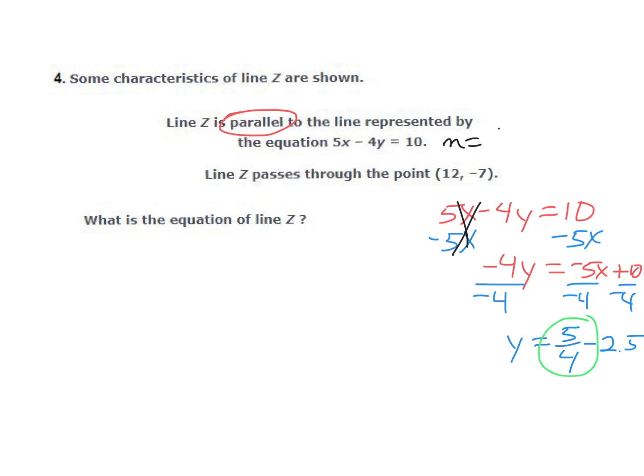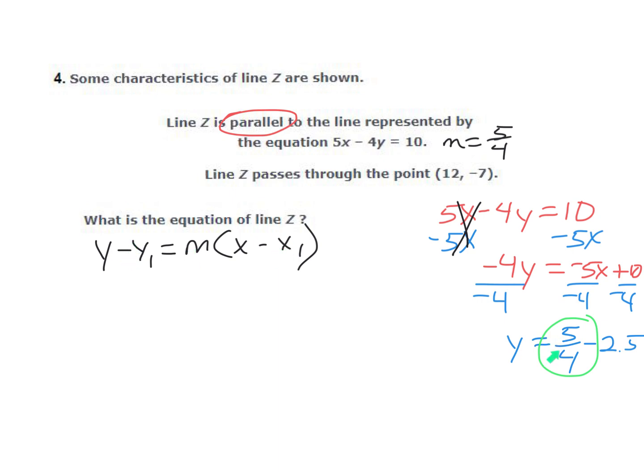The slope is 5/4. Well, if that's true, then now we have a point and a slope. So we're going to write the equation using point-slope form. The point-slope form is y minus y1 equals the slope times x minus x1. This is where we plug in y1 and x1 and the slope.